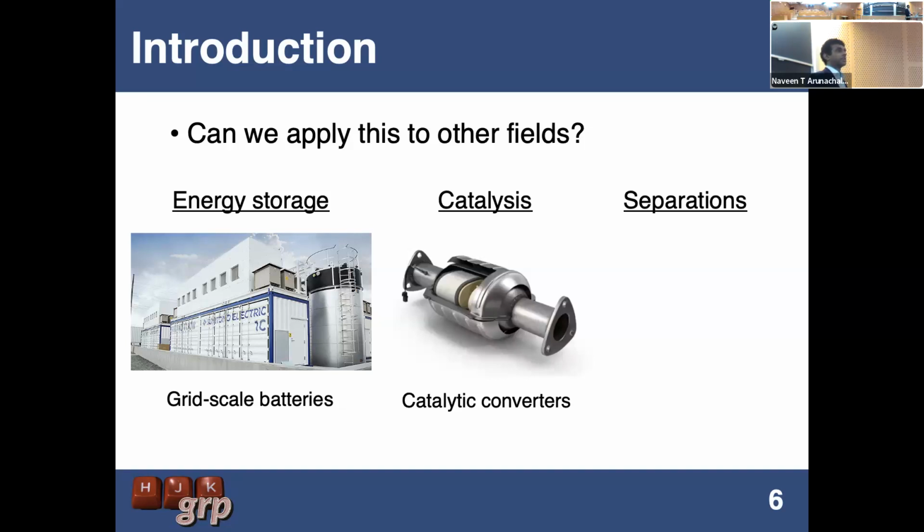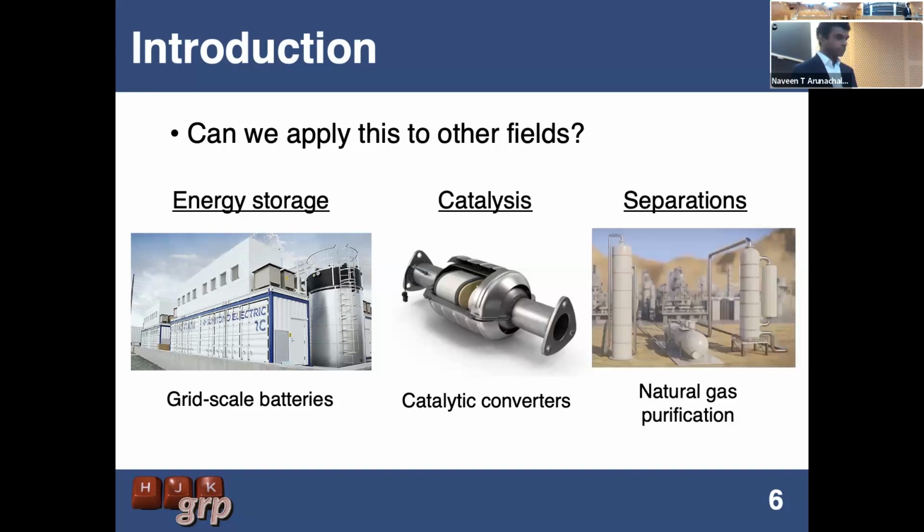The catalytic converter in your car actually uses catalysis to filter out the emissions from your car and result in a clean output. And the next question we have is how we can use it for separations. For example, natural gas purification is used to make natural gas burn more cleanly by removing compounds that would result in toxicity when burned.